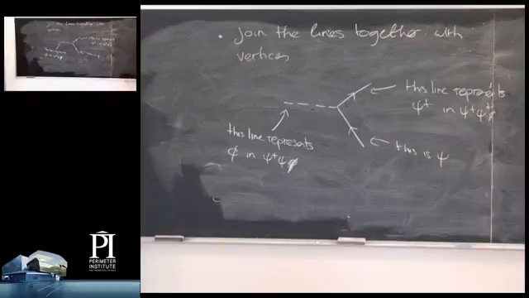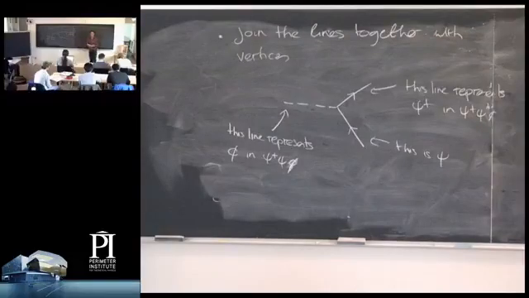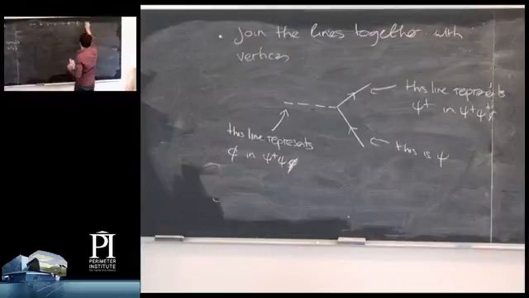So let me just give you some examples. These are the rules for drawing the picture. And then I'm going to give you the rules for associating to each picture a mathematical formula. So for psi, 2 psi particles go into 2 psi particles.